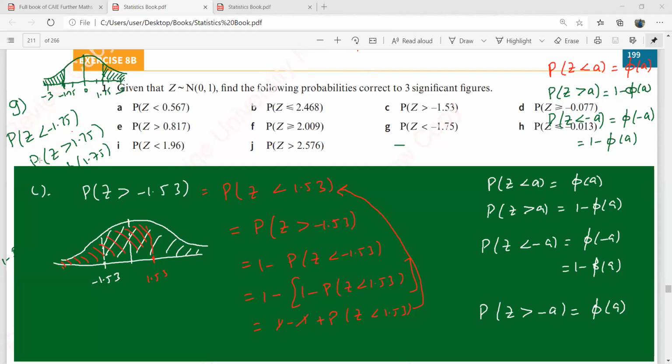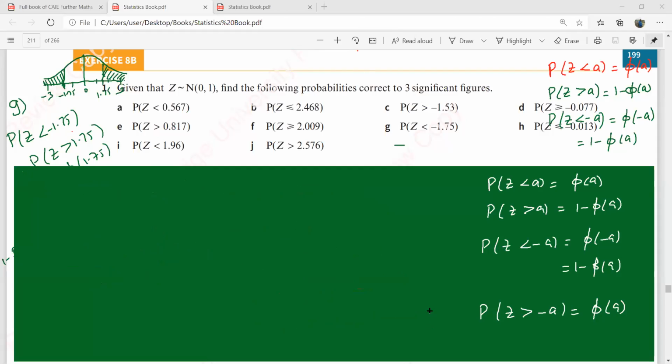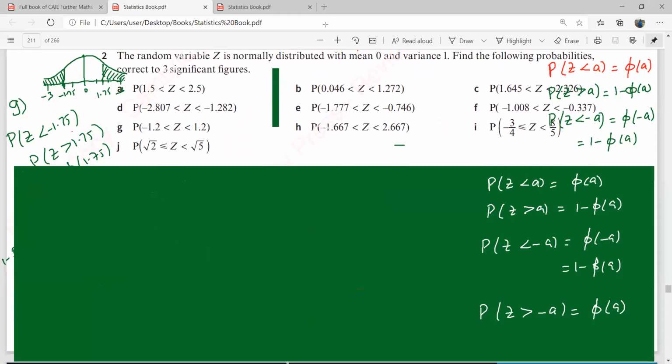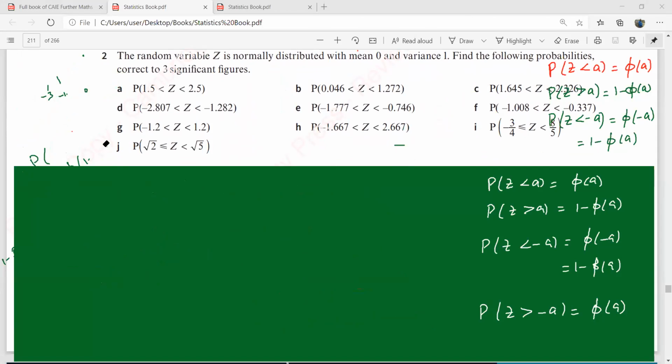Now the second question here. Now you have to find the probability. Don't get scared with these questions.